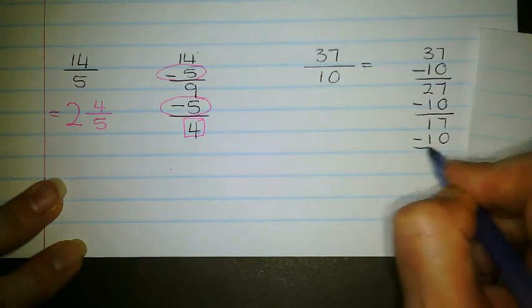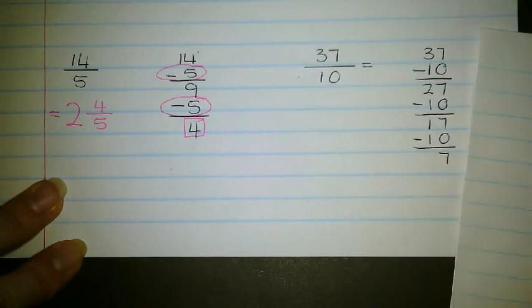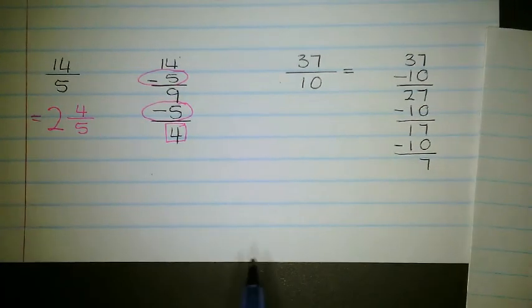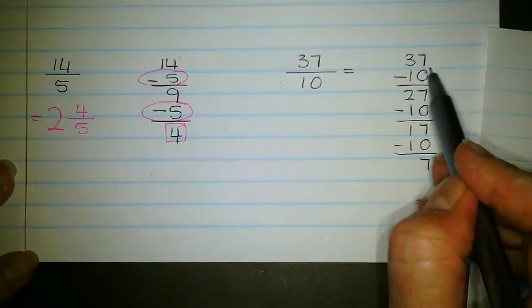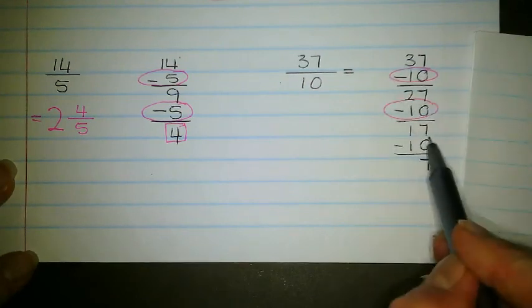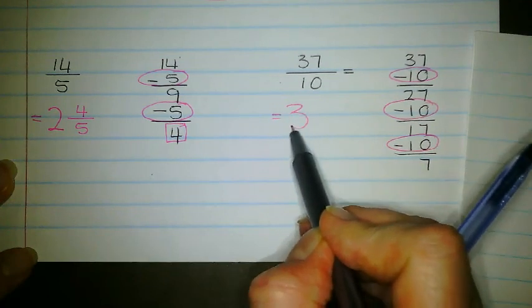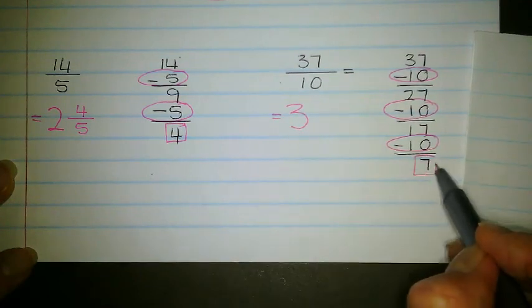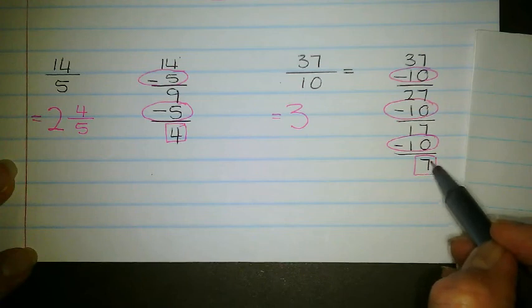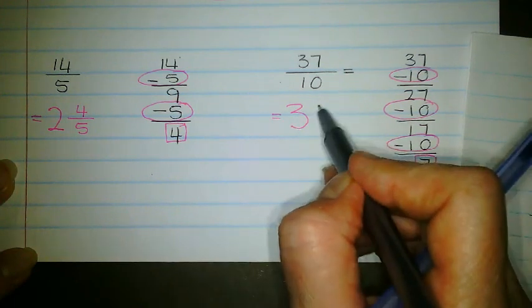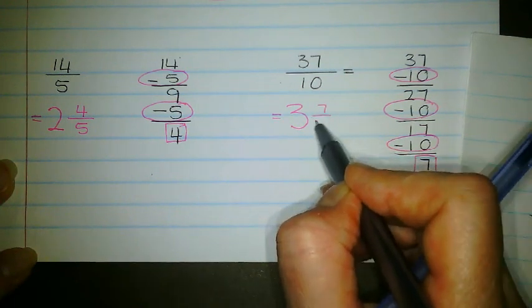Yes, I can. So then it's a 7 that's left. Now let's have a look at how many times I subtracted the 10. It's 1, 2, 3, and that is going to be my units. And then my numerator is going to be what I have left over as the remainder, so that's going to be 7 over 10.